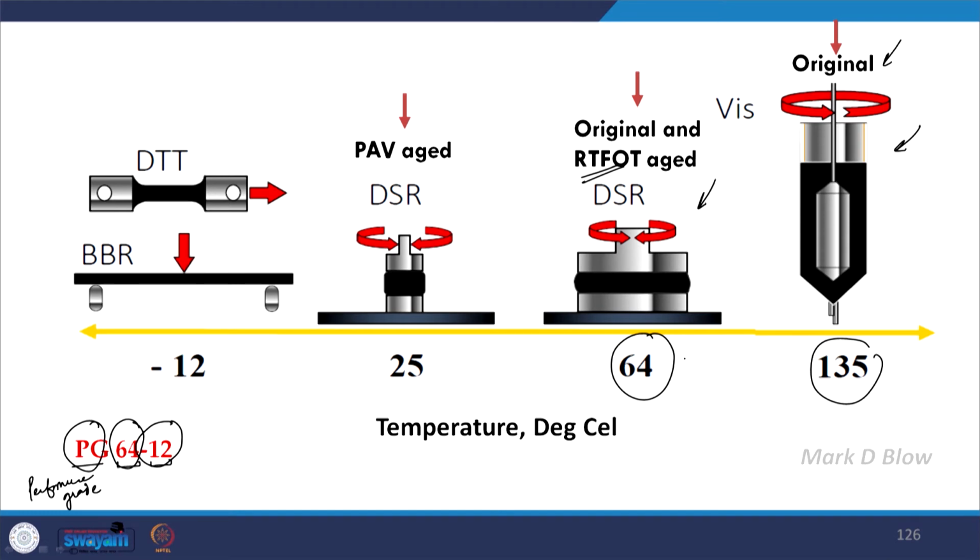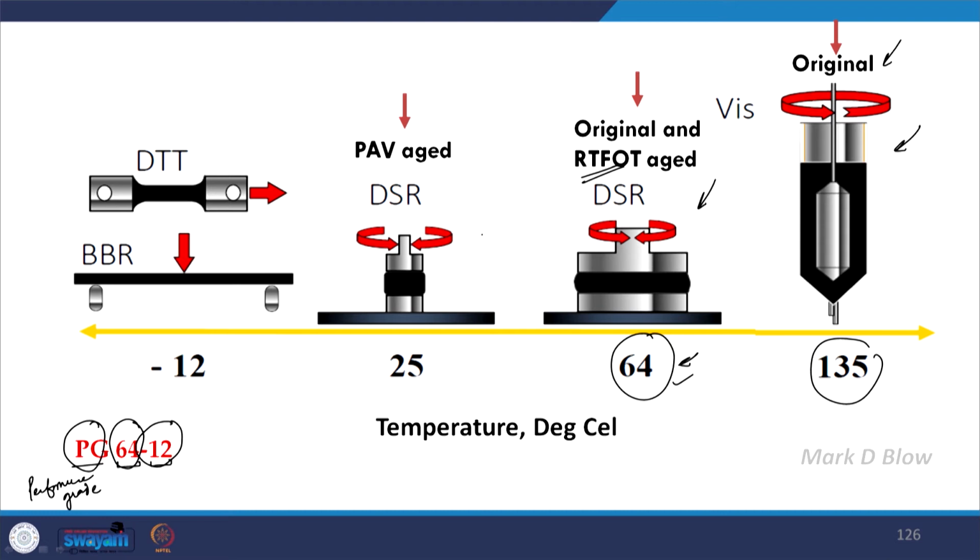Okay. So, for example, this is 64 degrees Celsius here. Since the project requirement is 64 degrees Celsius, we are doing the testing at 64 degrees Celsius, and we will ensure that the bitumen samples tested in unaged condition at 64 degrees Celsius and RTFOT aged condition at 64 degrees Celsius are able to satisfy some standard criteria.